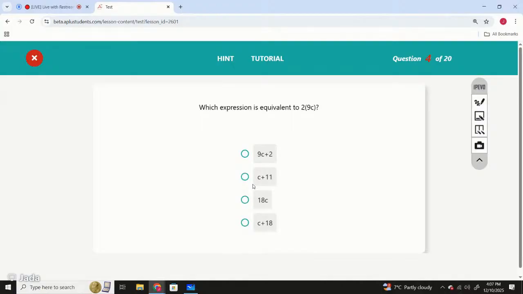Which expression is equivalent to 2 times 9c? 2 times 9 is 18. That equals 18c. Option number 3 is the correct option.